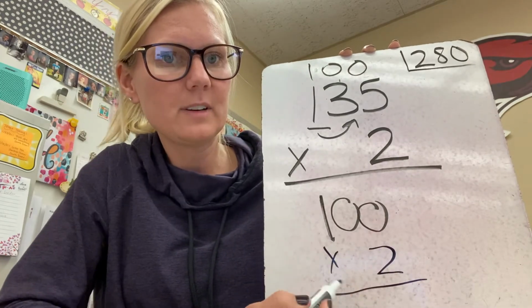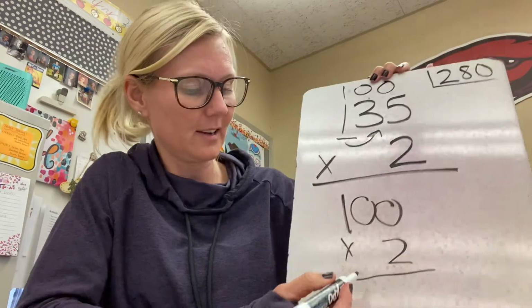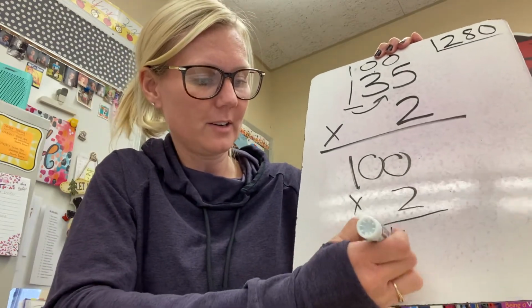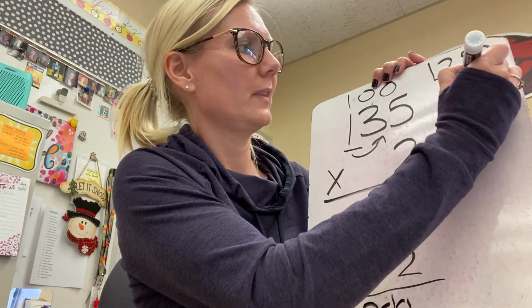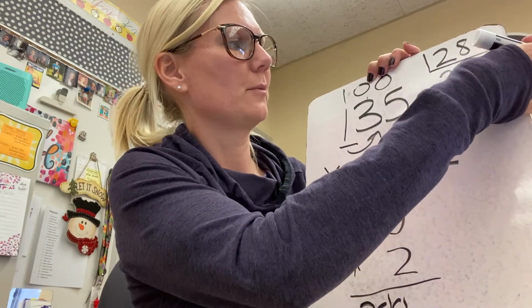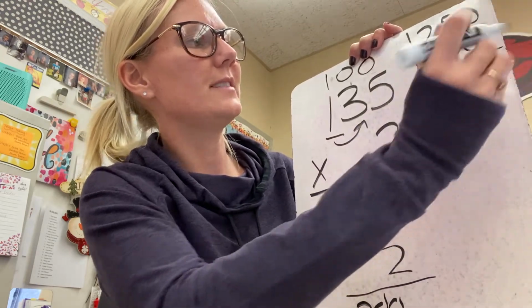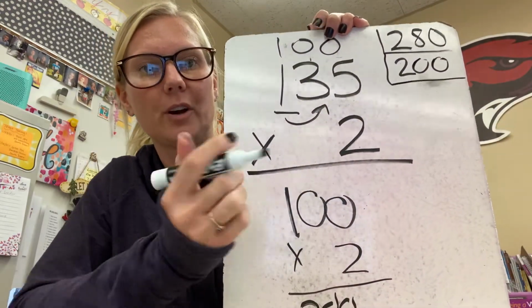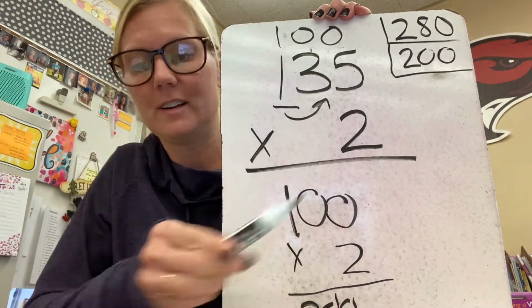All right, 100 times 2, I know that 2 100s are 200. So I know that that answer is 200. Okay, I'm going to flip that up here. Whoops, not 280. Almost wrote the same thing again. 200. Okay, I'm going to leave both of these here, and let's see which one is closer, if it's closer to round to the nearest 10, or if it's closer to round to the nearest 100.